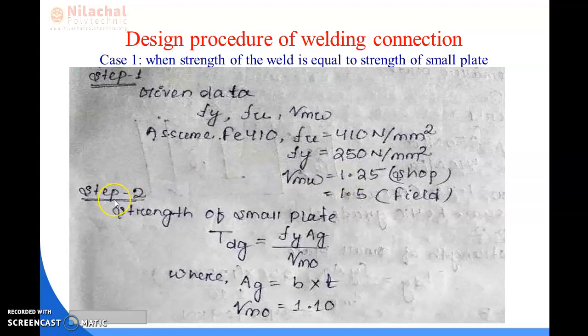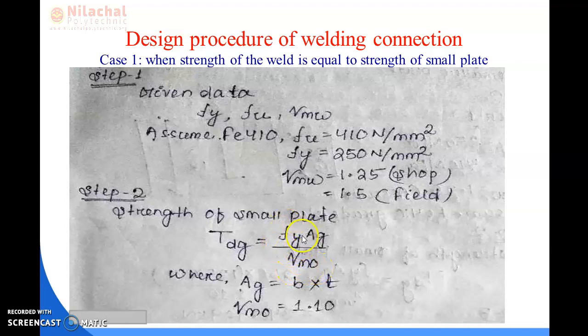Then comes your step 2, in which you have to calculate the strength of the smaller plate. Here it is symbolized as Tdg, or simply you can take the value of P also. So Tdg equals Fy Ag divided by gamma M0.